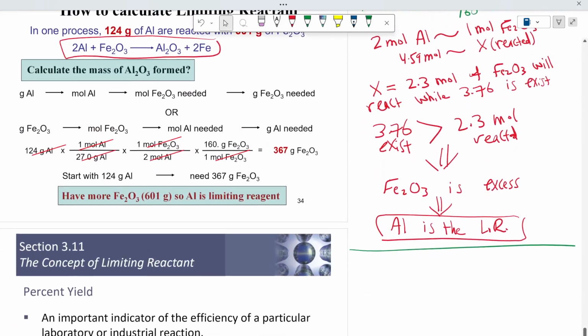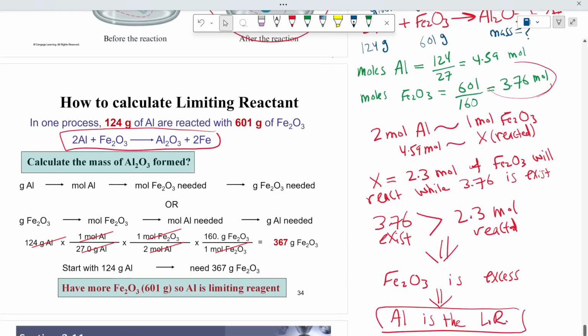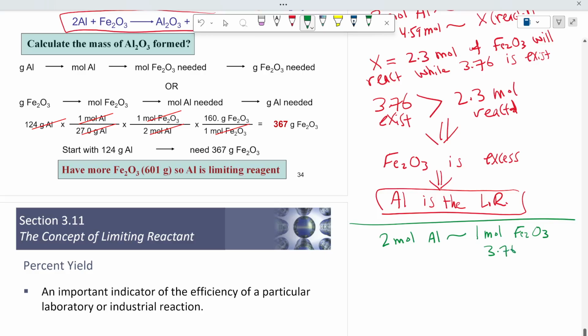He will do like this. Again, 2 mole of Al to 1 mole of Fe2O3. This time we will substitute the moles of Fe2O3, which is 3.76, in the right side. 3.76 mole here, and X will be here.